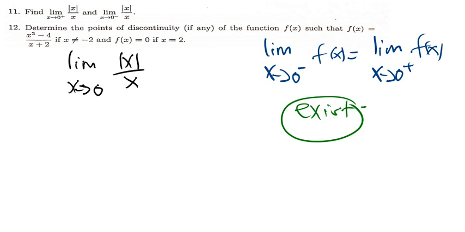If we are going to find different answers, then the limit doesn't exist. So they are going to ask you to find the limit as x is approaching 0, just like that. But to solve this question, we have first to solve this and that, then we compare.